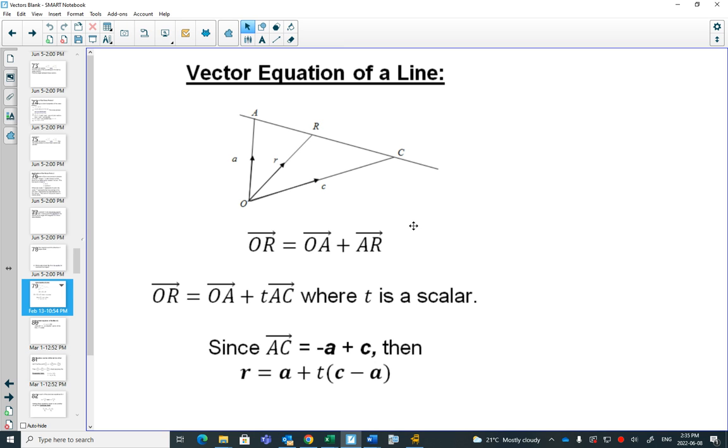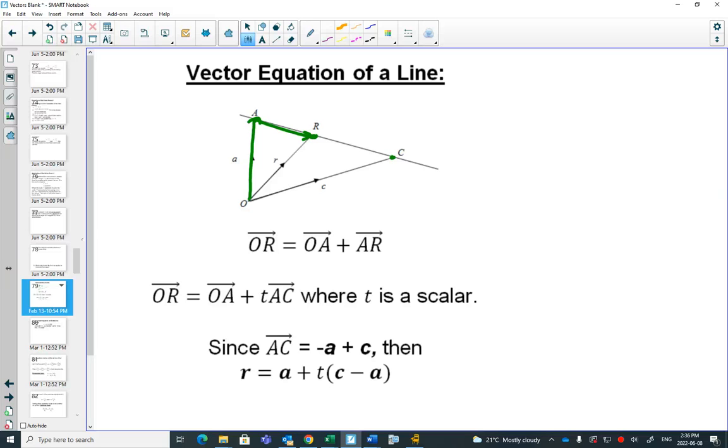A, R, and C are all on the same line. And what you could do is, if I wanted to pick any point, say R on this line, I could start at my origin and go to A and then go in the direction of C a certain distance and I would get to R. So OR is equal to OA plus AR.